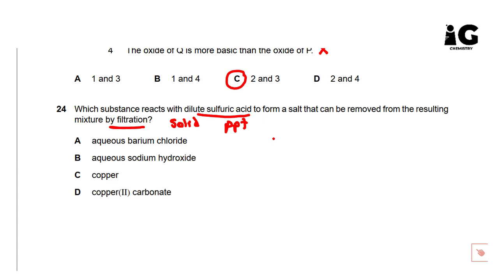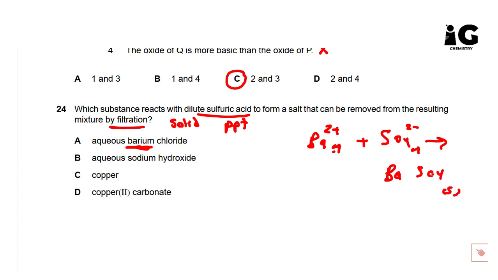Any smart one knows that it should be barium cation, because when Ba2+ aqueous plus SO4 2- aqueous, it is supposed to produce BaSO4, and this is solid. Barium sulfate is a precipitate, so it's supposed to be aqueous barium chloride. So this is the correct answer. Sodium won't. Copper is not correct. Copper carbonate also not correct.